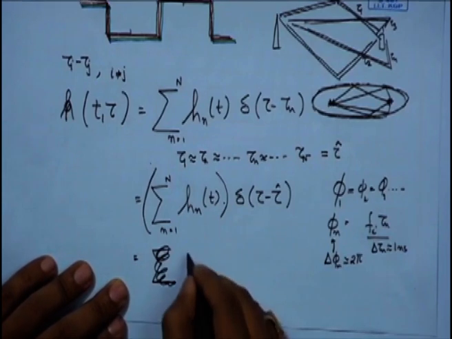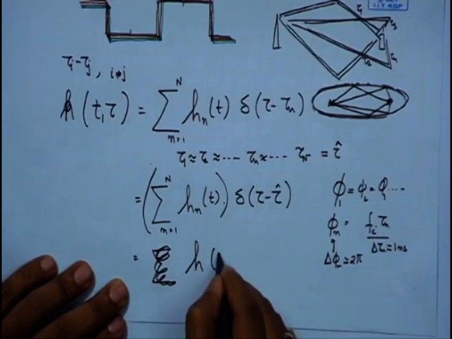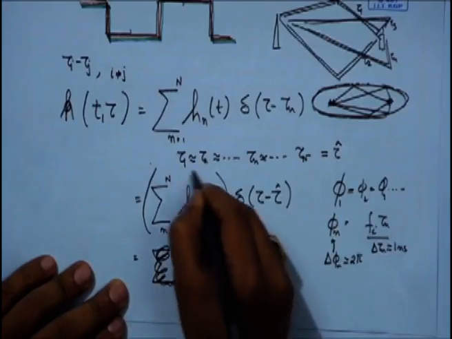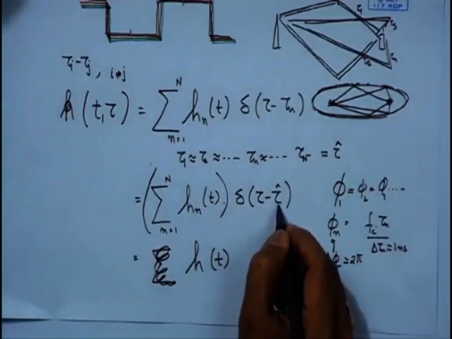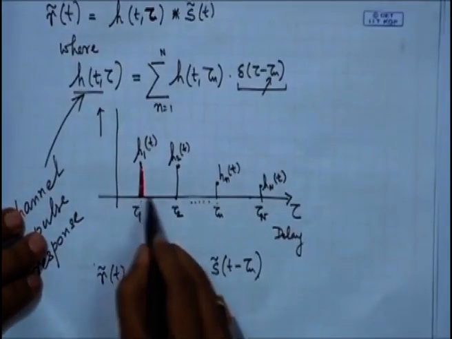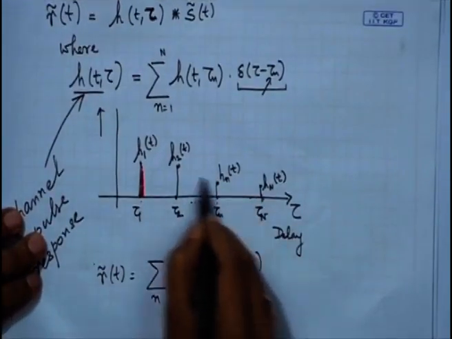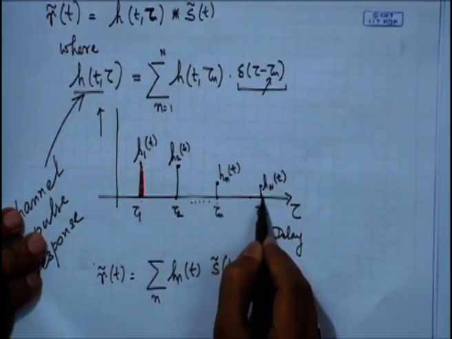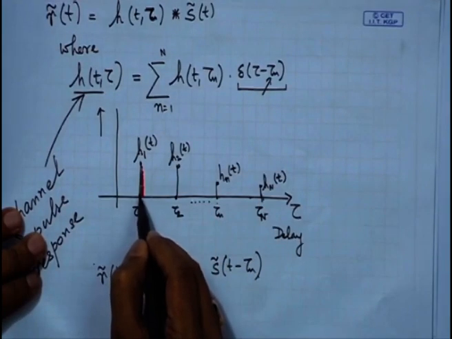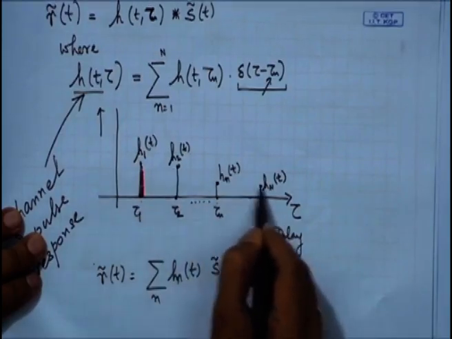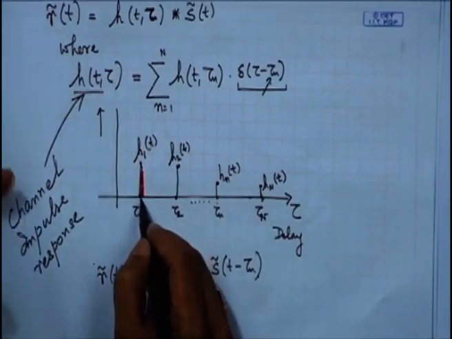So, what we could write this as h of t, because all h n have added up. Now, because these tau gaps have gone, previously they were at different delays. So, they were not getting added up, they were at separate gaps, but now since they have almost come very close to each other, as if they are at the same time location approximately.